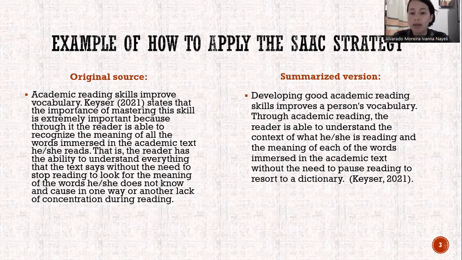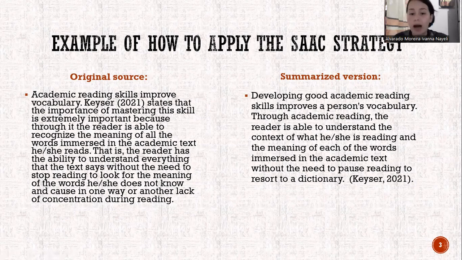Okay, in this case, the first letter S means state, or name or title of the article, book, or story. Okay, then the second letter of the word means assigned.